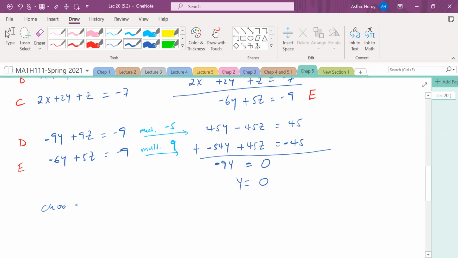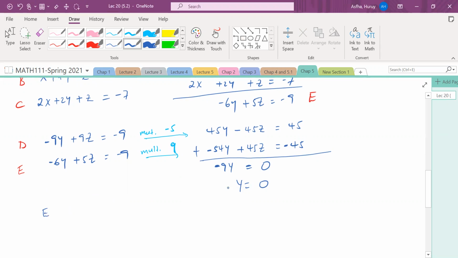I'll pick equation D. So we have -9 times 0 plus 9z equals -9. Now this is 0, right? So 9z is -9. This means z is -1.